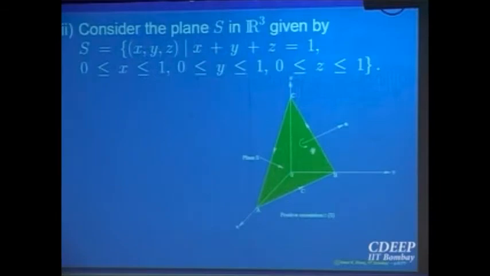And the orientation, if you are taking the outward normal, should go this way, right? For the plane, the normal is coming out and the origin is behind. When you put yourself on the surface, it should be going in this direction, your finger direction. So that will be the compatible orientation for this plane.